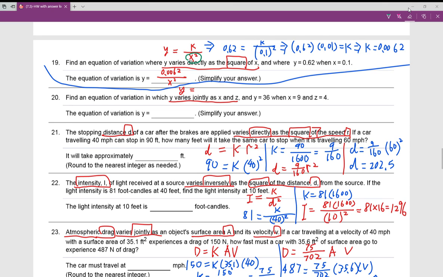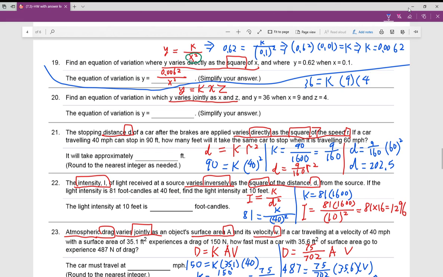Okay, so jointly means k, x, g. They are all in the numerator, or directly. So how to do it? When y is 36, let me show the work. When y is 36, x is 9, g is 4.